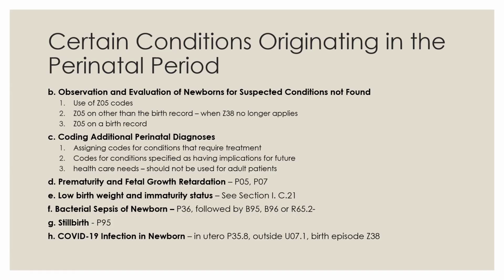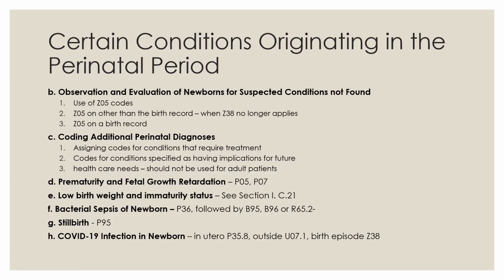Do not use a code from category Z05 when the patient is documented to have signs or symptoms of a suspected problem. In such cases, code the sign or symptom. Number two, Z05 on other than the birth record.